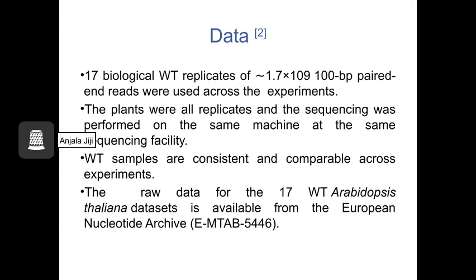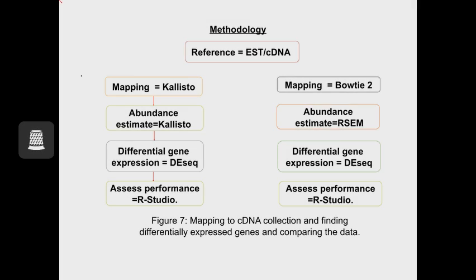The data for this experiment was obtained from a paper which originally had 17 samples, but due to time restraints, we could only do 10 samples. The methods: use the reference and map it using Kallisto and Bowtie2, then do an abundance estimate using Kallisto and RSEM, and then do a differential gene expression and assess performance using RStudio.